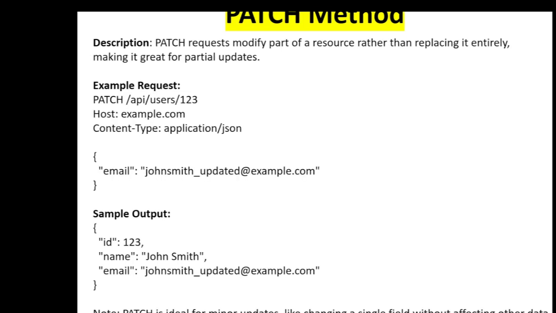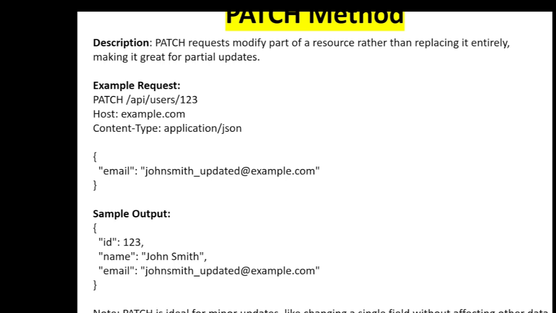Next we talk about patch method. Patch is for partial update, and this is very important from an interview perspective, because generally in interview the difference between patch and put is asked. So what is the difference? Patch is for partial update, right? Unlike put, which replaces the entire resource, patch only updates specific fields.